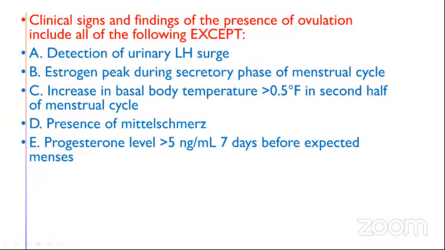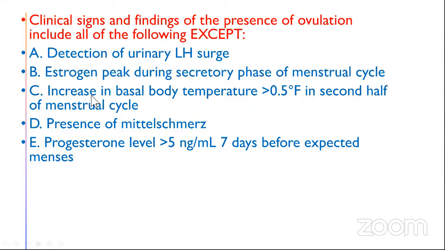Right. The first question is, clinical signs and findings of the presence of ovulation include all of the following except: A, detection of urinary LH surge. B, estrogen peak during secretory phase of menstrual cycle.